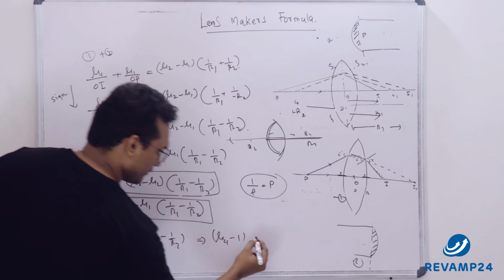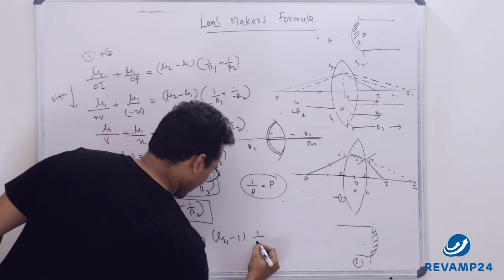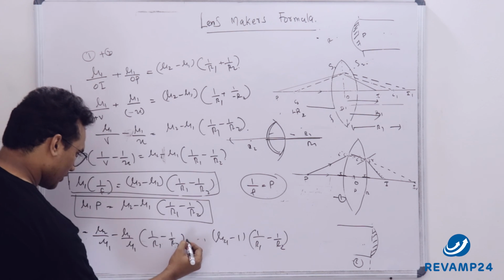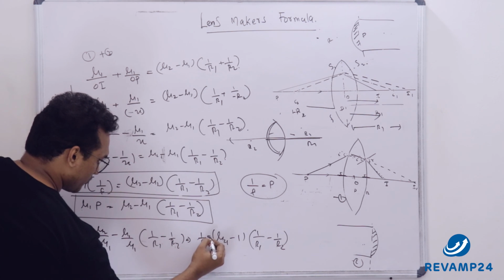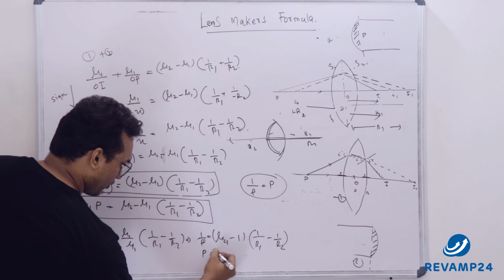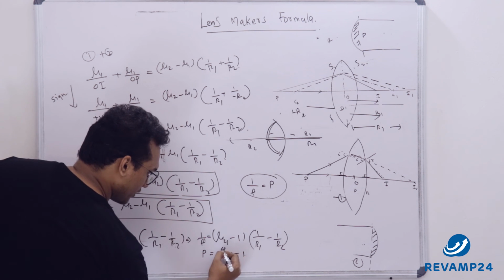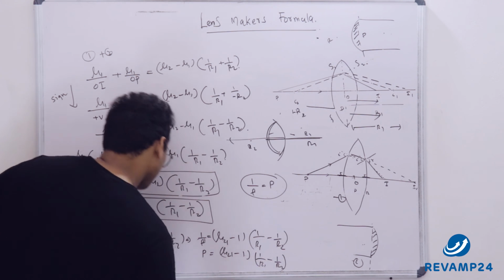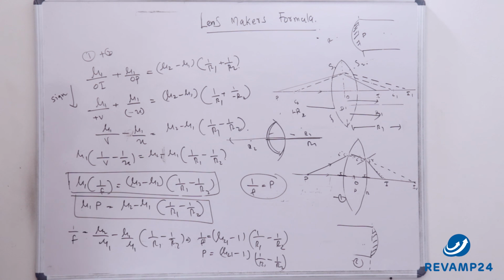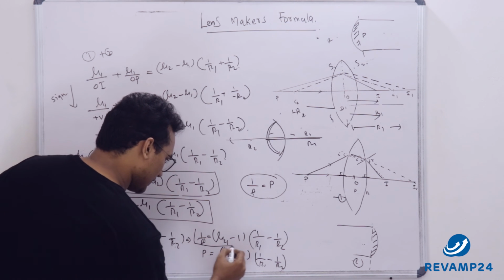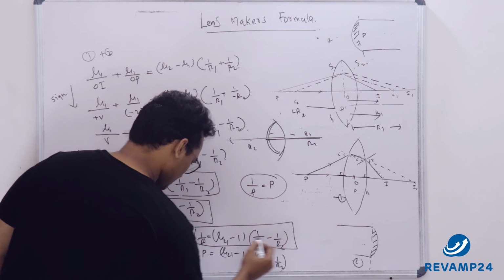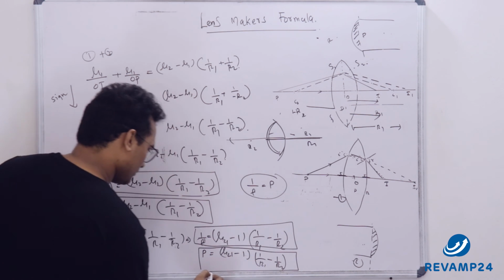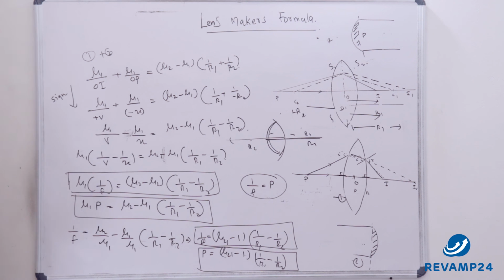So this can be another equation for focal length, that is, 1 by f equals mu21 minus 1 into 1 by R1 minus 1 by R2. Just do small substitutions and you will get all these equations. Okay, this is all about the lens maker's formula.